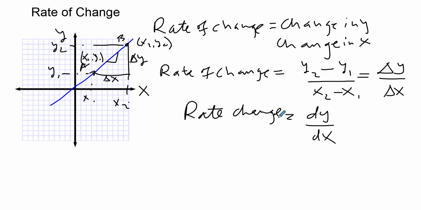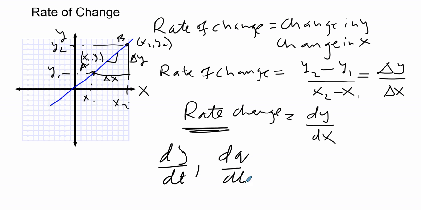Most of the time the rates are related to time, so let's say dy/dt, or you can have dQ/dt, which is charge per time, or dy/dt for distance, like speed, and maybe temperature, dT/dt. So that's rate of change with respect to time.